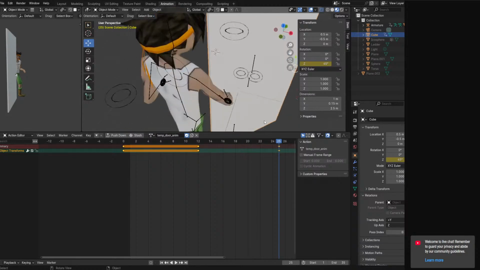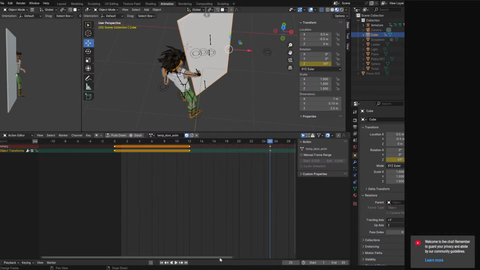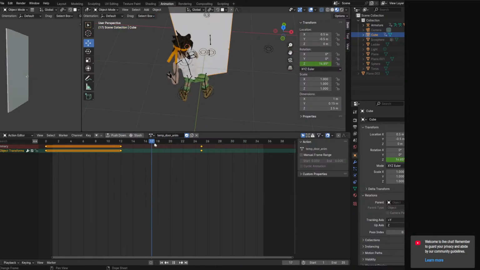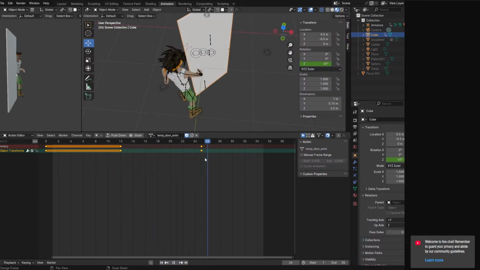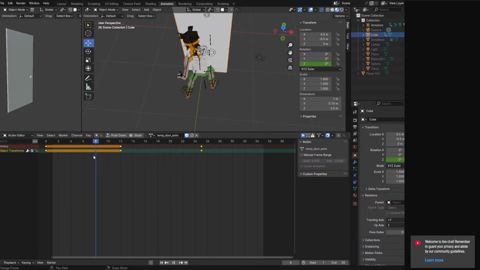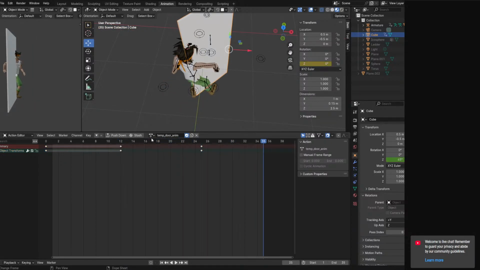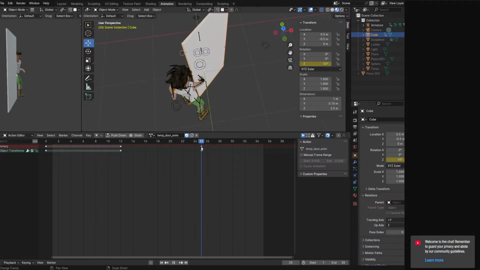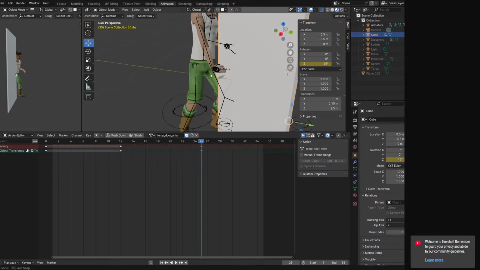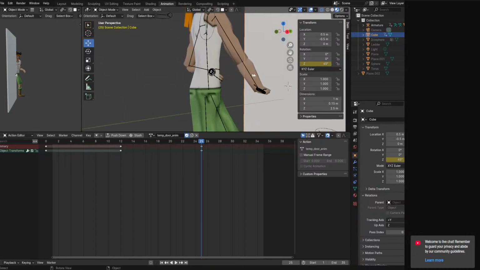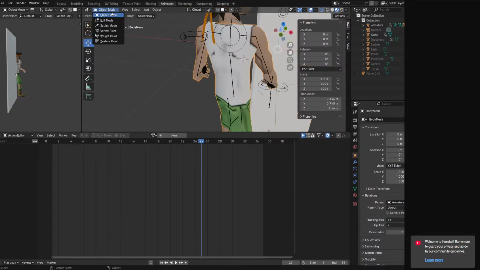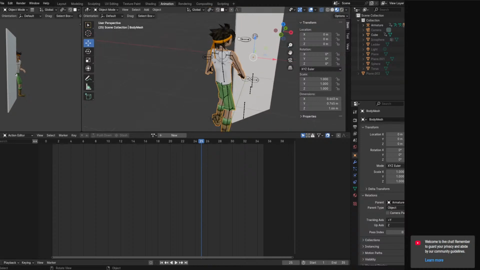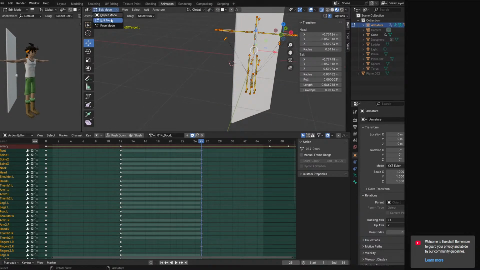All right, and then frame, I think, probably... I think around this time he should let go of the doorknob and kind of let its momentum swing the door the rest of the way open.